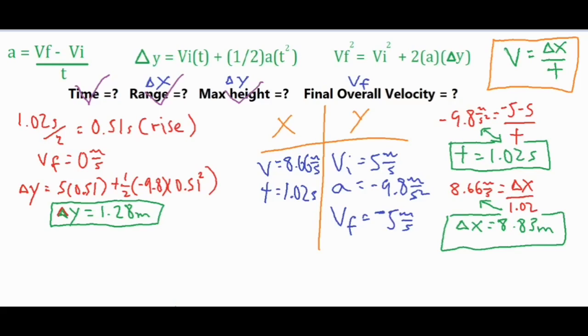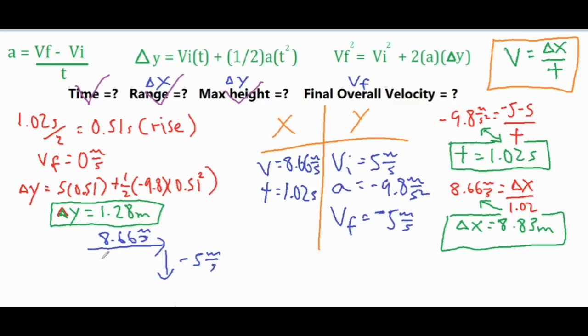Now for the final overall velocity, this one is actually pretty easy for this type of problem, but I'll show you the method so that you know how to do it for any other type of problem. So as the projectile is coming back down, we know that it has a horizontal velocity of 8.66 meters per second. And then at the very end, we know it has a final velocity of negative 5 meters per second directed downwards.